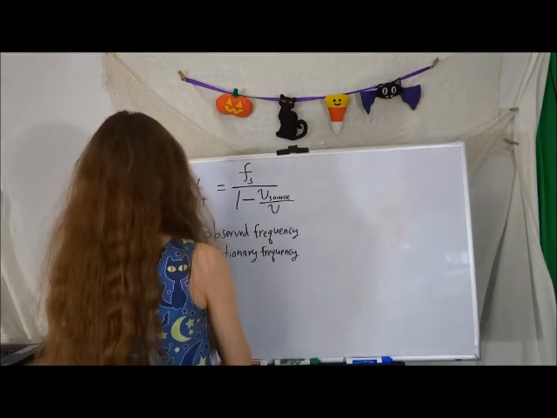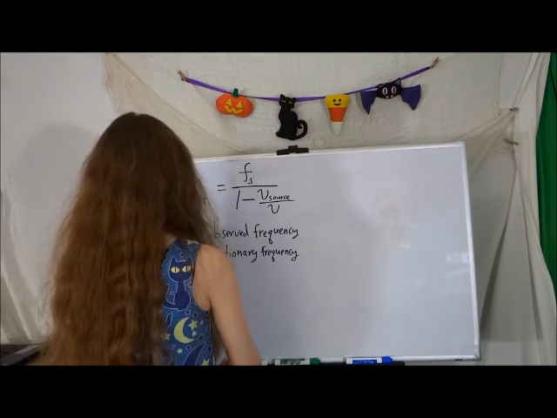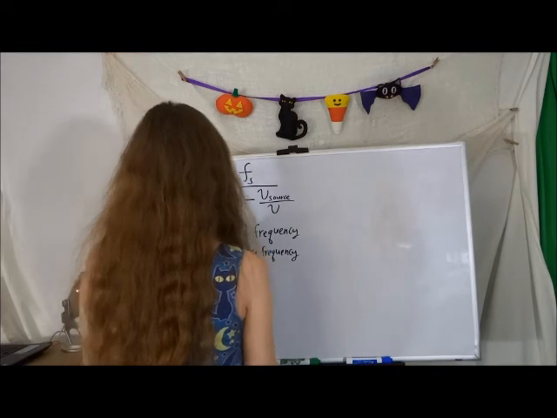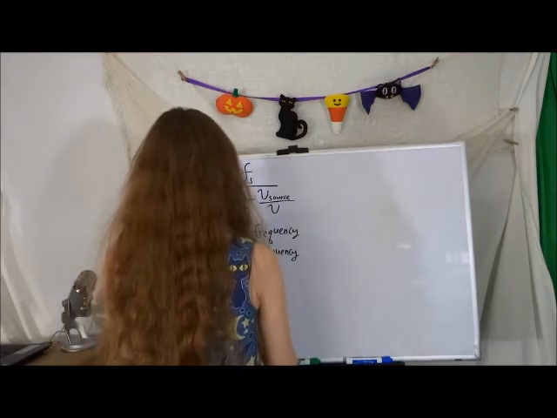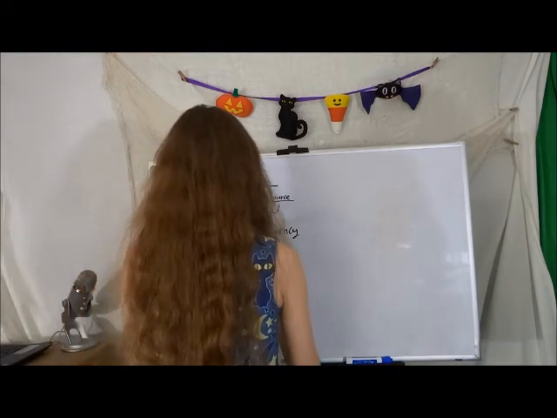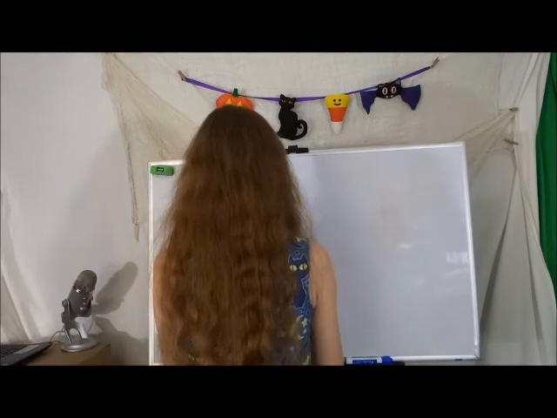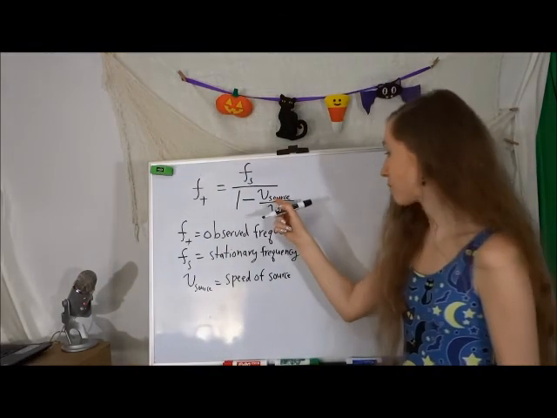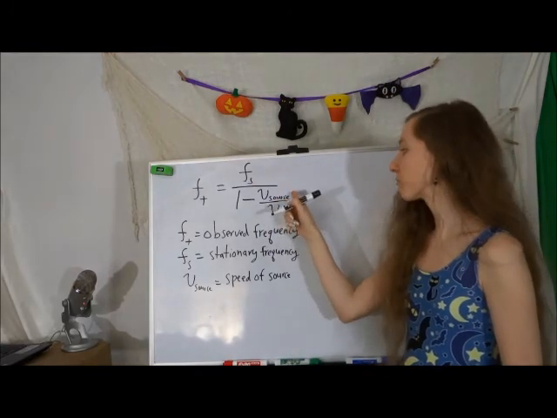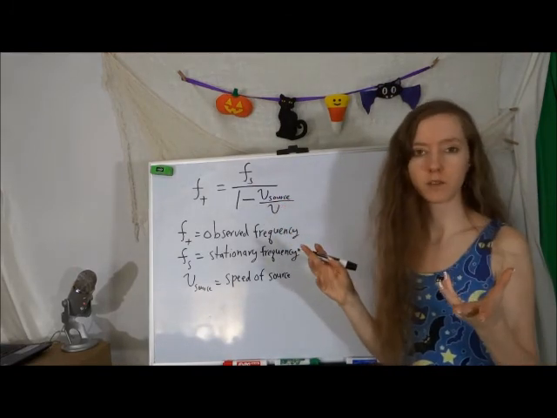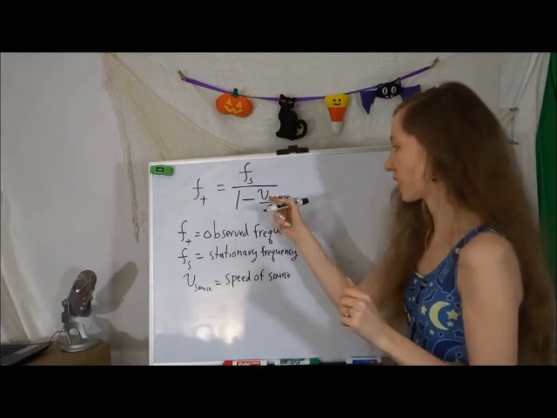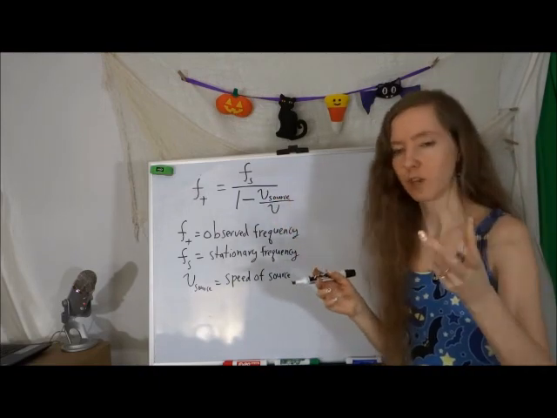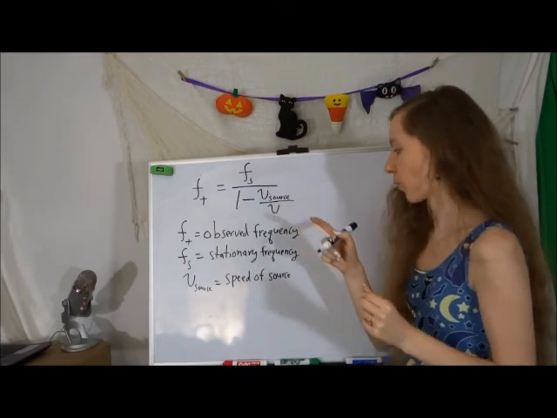And then V sub source, that's the speed of our object or our source. Now the book uses a little subscript s for this, but we've previously used V sub s for the speed of sound, so to prevent confusion I've written out source here, but they use just a V sub s and it means the same thing as V source here.